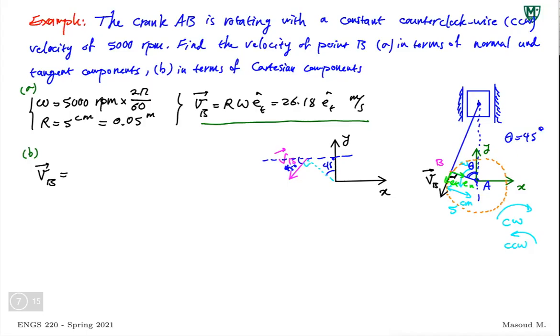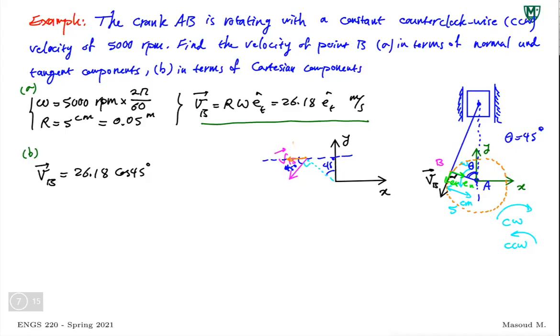So what is the magnitude of VB? 26.18 times cosine 45 degrees to find the component in the x direction. This would be Vx, or VBx, probably better to say.